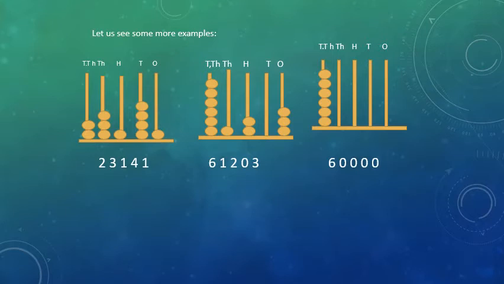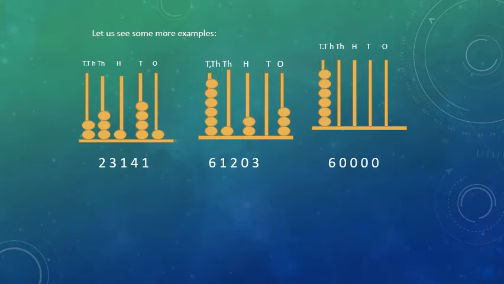See the place and represent it by beads. 1 is at the 1's place, so we have represented it by 1 bead. 4 is at the 10's place, so we draw 4 beads here, and 1 is again at the 100 place, so we represent it by 1 bead, and at the 1000 place there is a digit 3, so we represented it by 3 beads, and at the 10,000 place there is digit 2, so we denoted it by 2 beads.